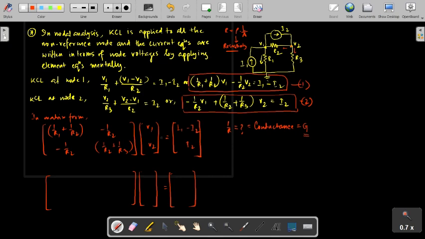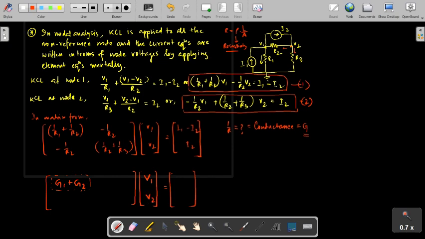This term, in terms of conductance, is G1 plus G2. Here it is V1, here it is V2; these are the node voltages.